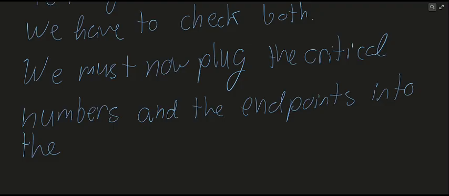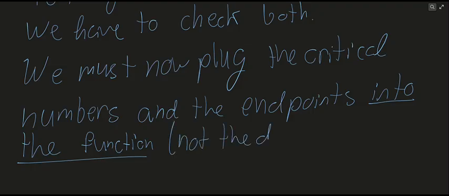You must not plug into the derivative. To find the y-coordinates or values of the function, you must plug into the function itself and not the derivative. That is important. Silly me, into the function. Sorry, I psyched myself out. Into the function, not the derivative, that's what I meant. Not the derivative.